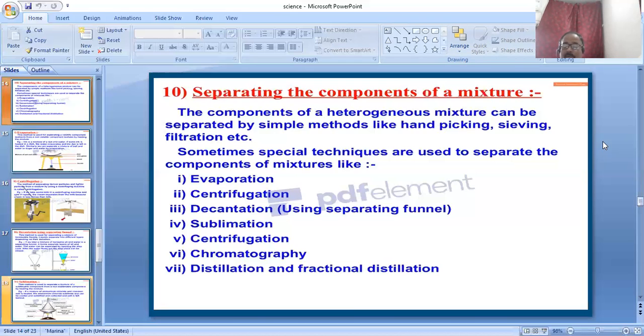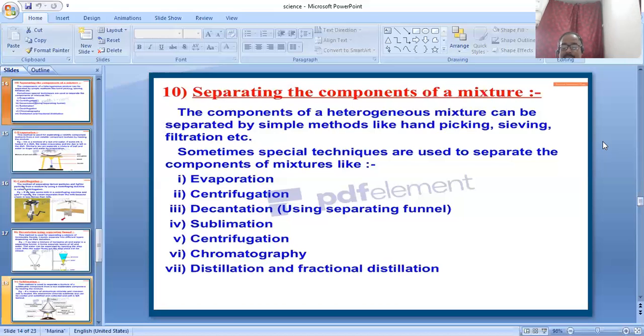Number three, to obtain the useful components of a mixture. Suppose a mixture is made with the help of some number of components, and we only use some amounts of these constituent particles.